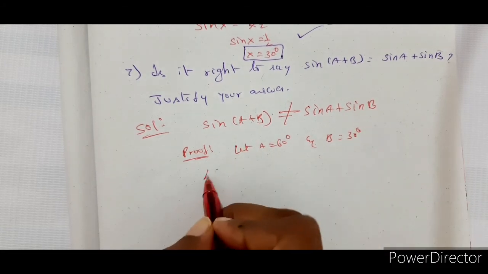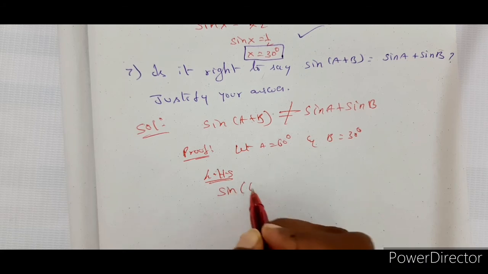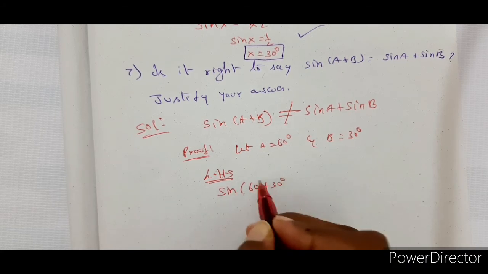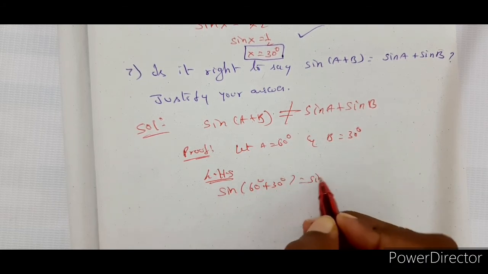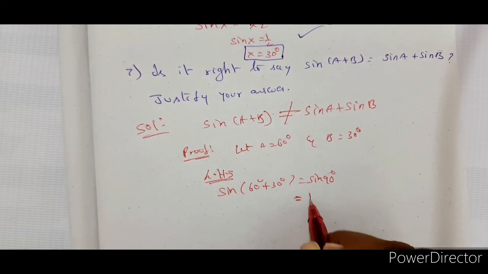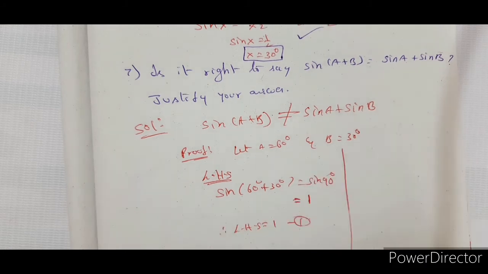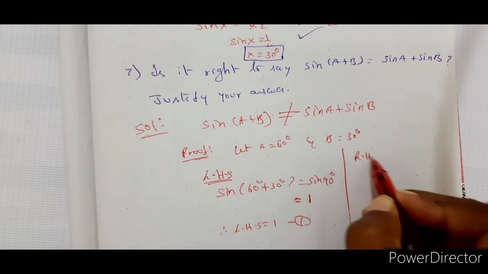Now taking LHS. Sine of 60 plus 30 is equal to sine 90, which is, yes, 1. So therefore LHS is equal to 1. Equation 1. Right. Now let us take RHS.